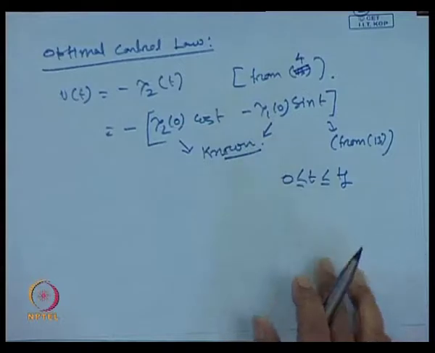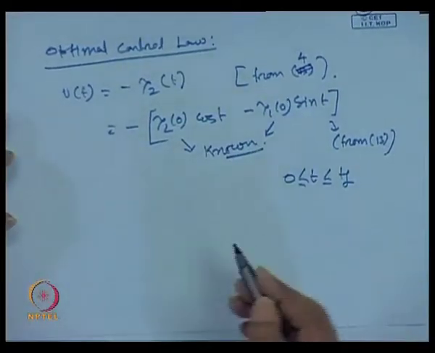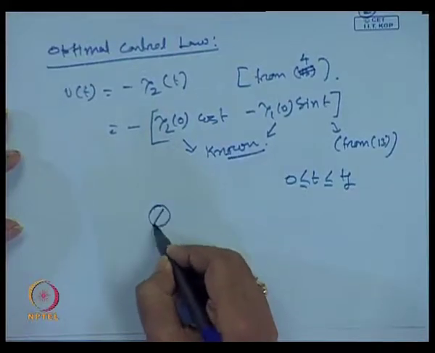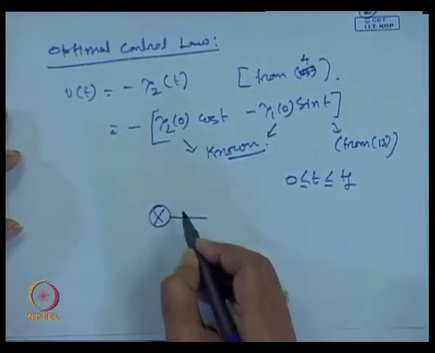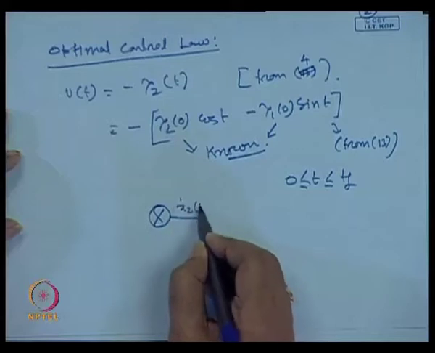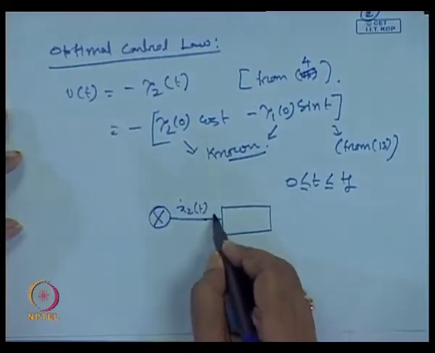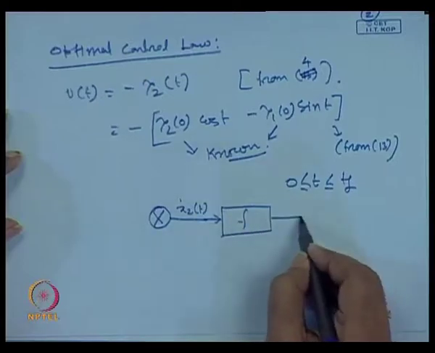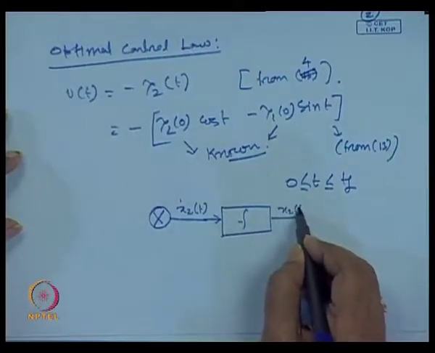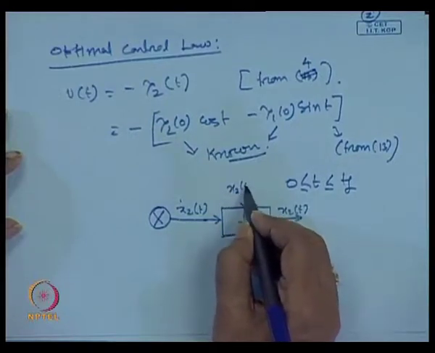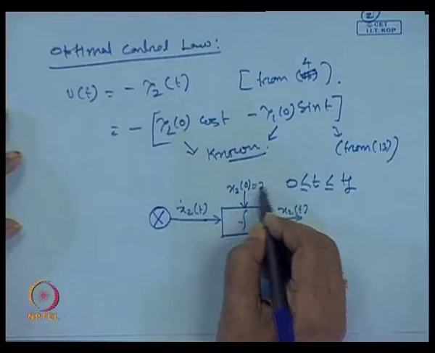So, if you see the block diagram of this one, we have our system x 2 dot of t, we have integrated it. The output of the integrator is x 2 of t, and this is the initial condition x 2 of 0 is equal to 2.